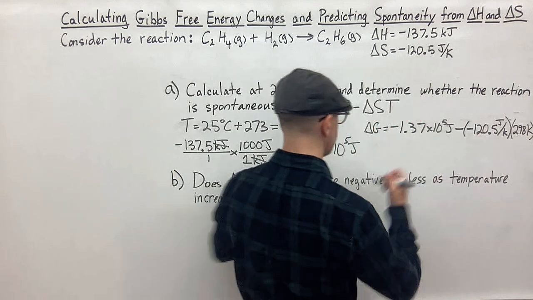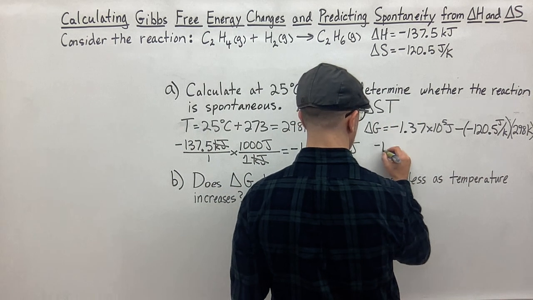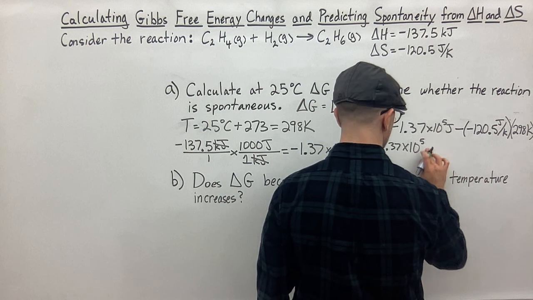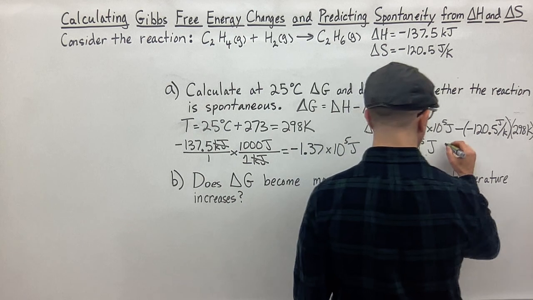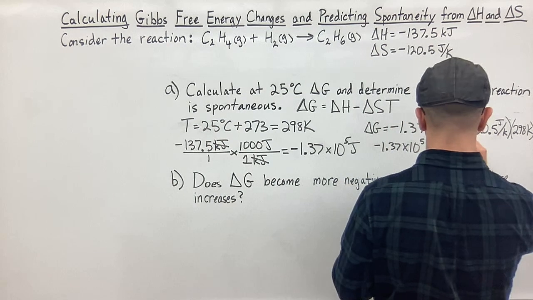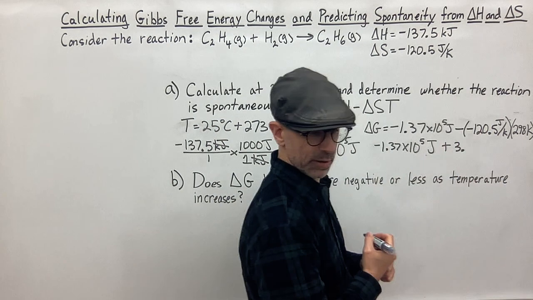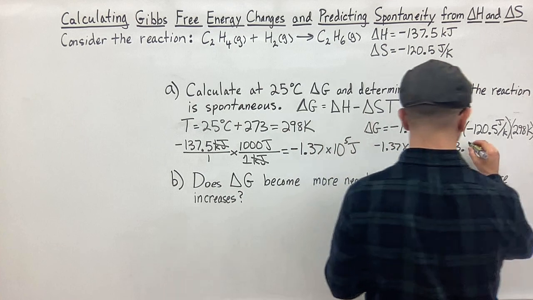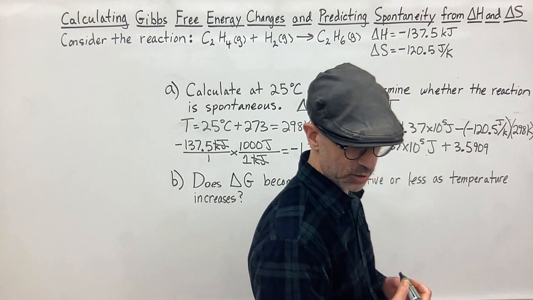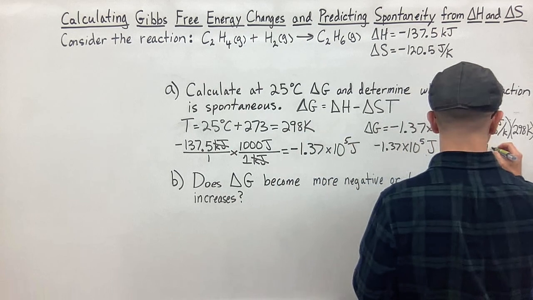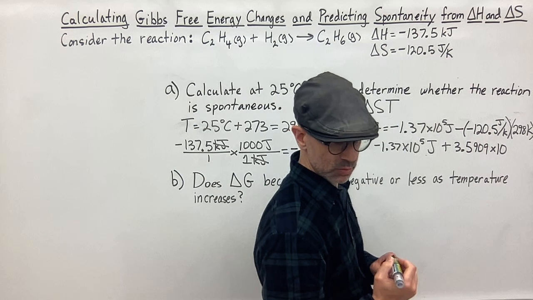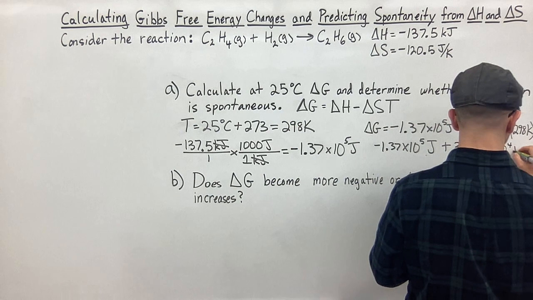And so when we multiply this out, we get a negative 1.37 times 10 to the 5th joules plus, and we're going to end up with a positive 3.5909 times 10 to the 4 joules, right?